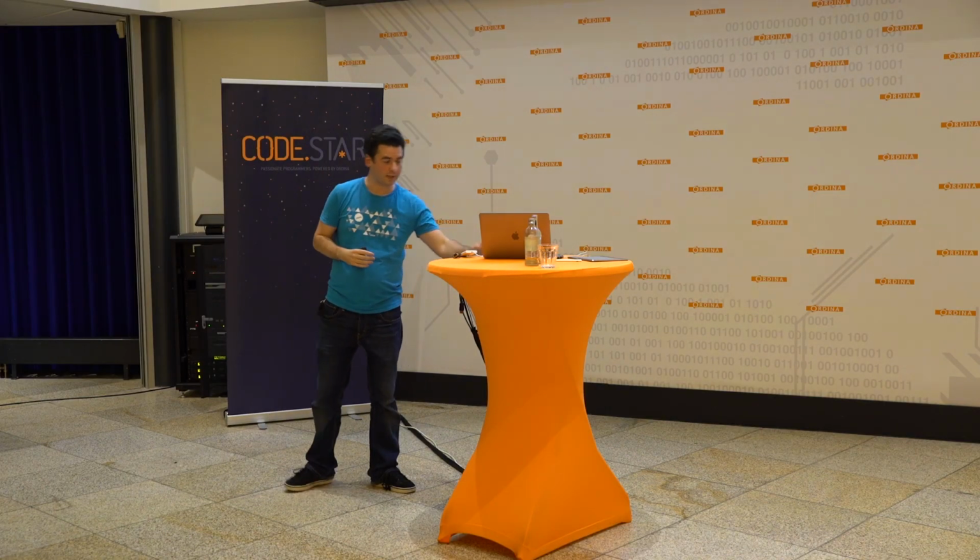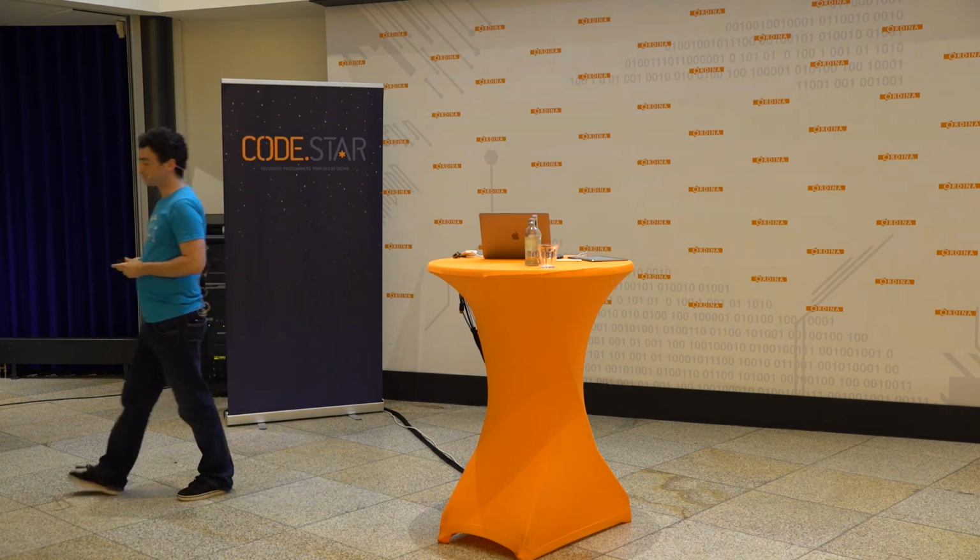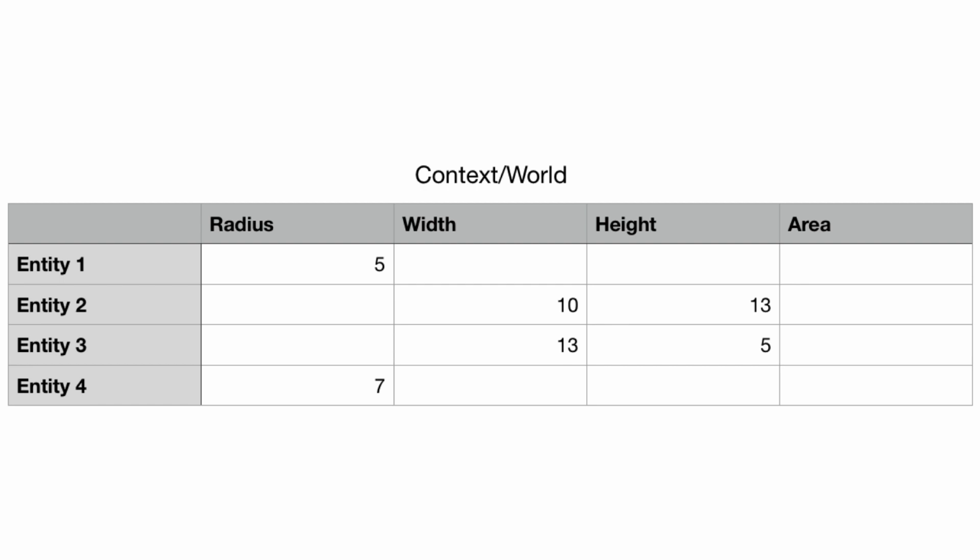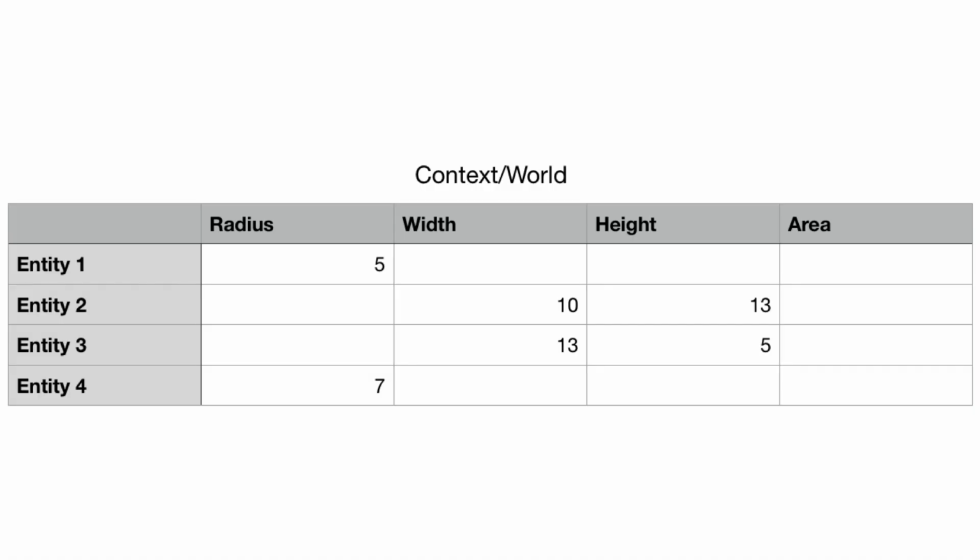Okay. Now let's talk about entity component system. When I think about this problem in entity component system, the first thing I think about is something like this: a spreadsheet, in a way, right? I have something, a context or world, where I have different entities, like entity 1, 2, 3, 4.